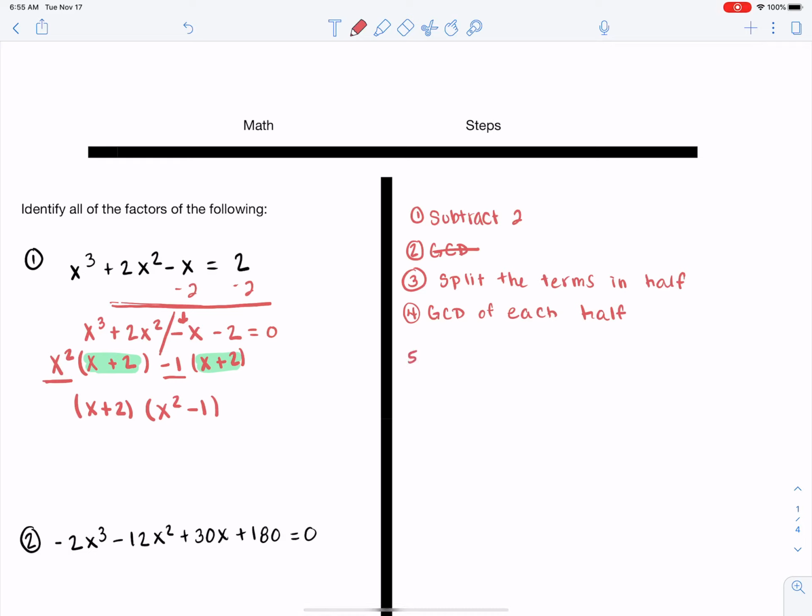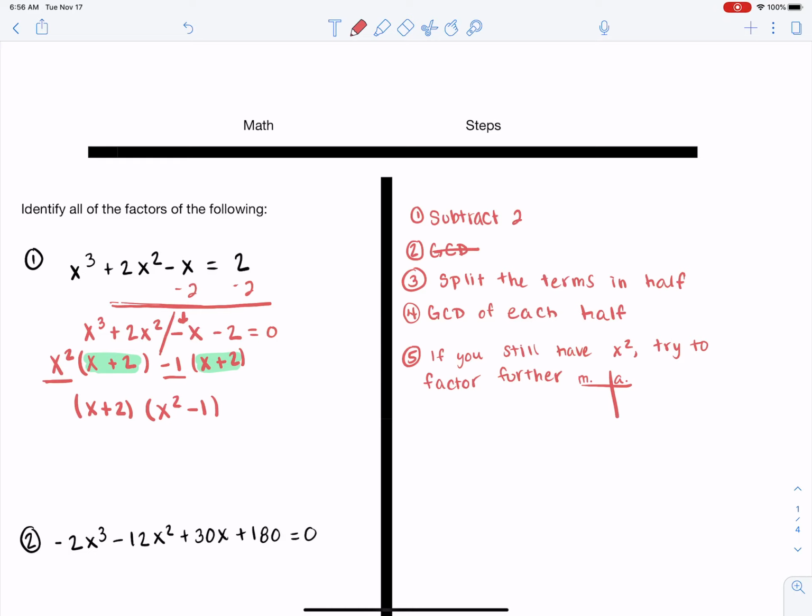Okay, the next step. If you have an x squared in a factor, you need to try to factor further. And because it's x squared, then we use the factor method where we find 2 numbers that will multiply or add.